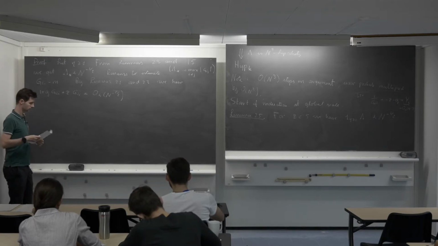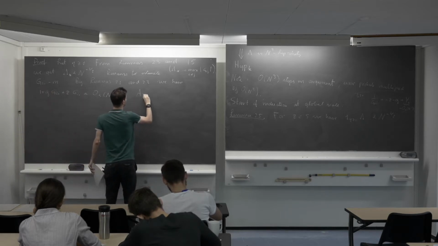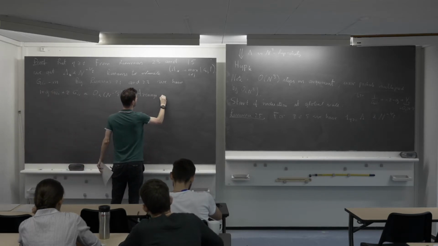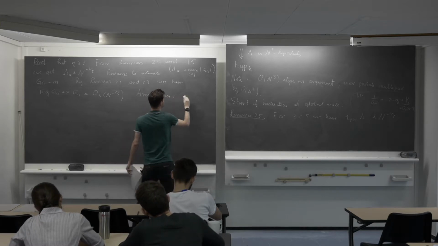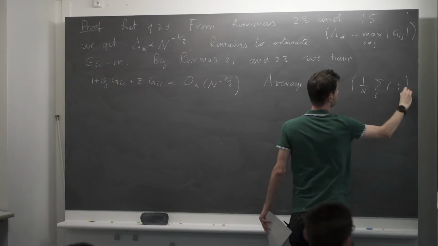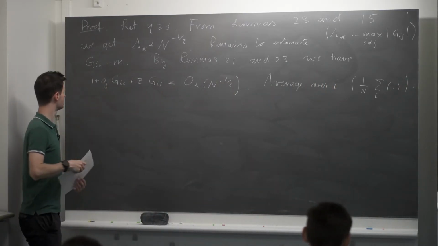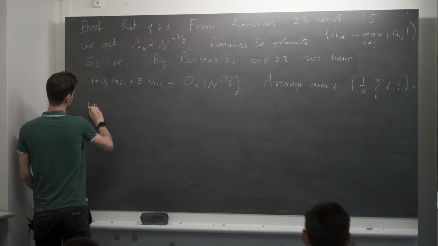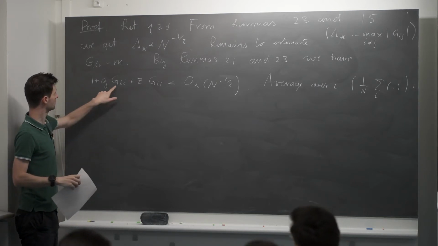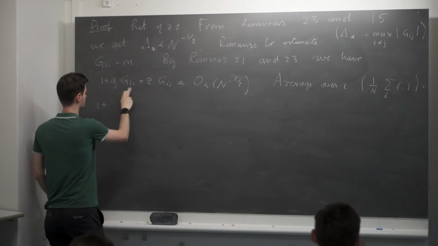In order to get a quadratic equation, I average over i. By averaging, I mean you take the sum over i and divide by n. So I get 1, of course, nothing happens to 1. This G_ii becomes a little g. If you recall, little g was just the average of big G_ii.